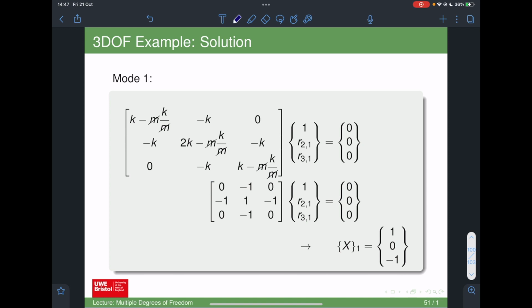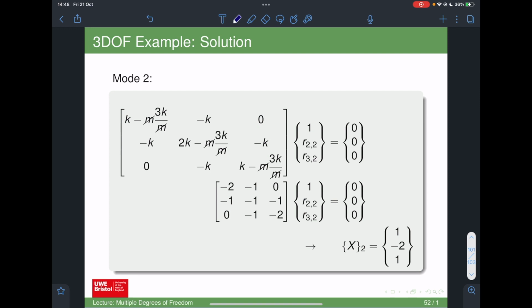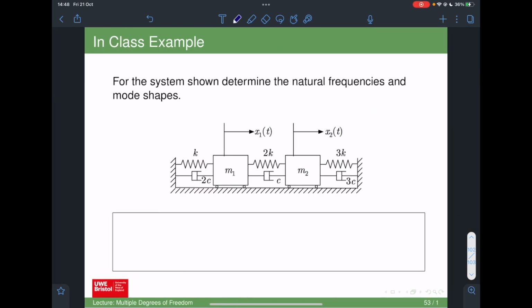Clearly for this one, we had minus R2 equals 0, so the middle mass isn't moving, but the 2 outer masses are doing this. And then the other mode shape is where the 2 outer masses are doing this, and the middle mass is moving in the opposite direction. Anyway, there's more information in the notes, but we're going to do this example.